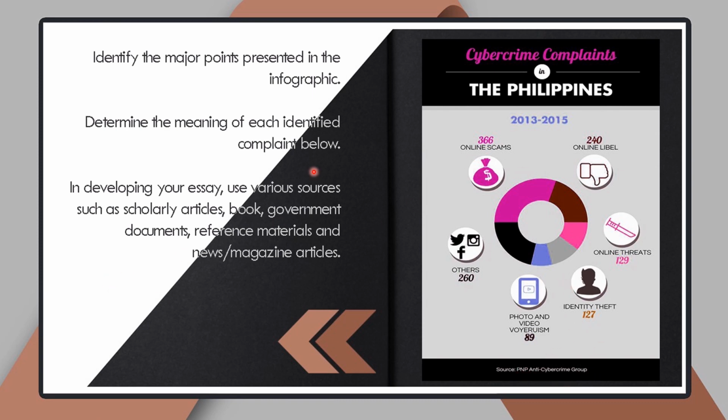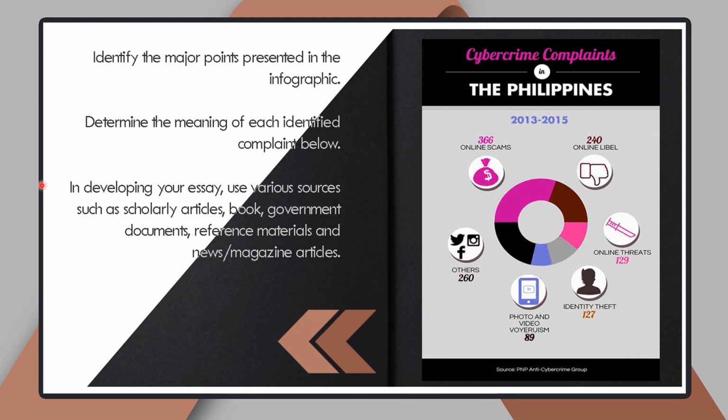So what are you about to do? Number 1, identify the major points presented in your infographic. So, how will you make a 3 to 5 paragraph essay, with paragraphs, not sentences? In developing your essay, use various sources, such as scholarly articles, books, government documents, reference materials, and news or magazine articles.